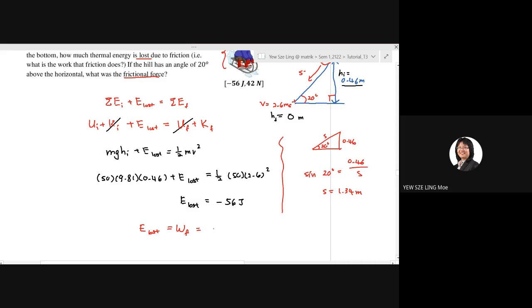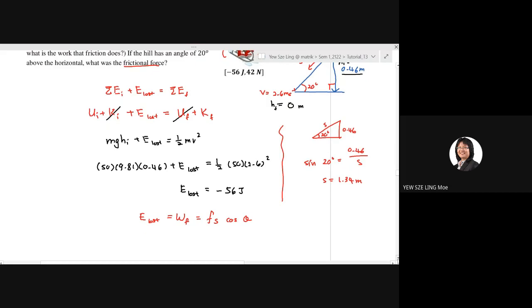If you recall the equation that we learned yesterday, it is F s cos theta. So I have negative 56 joule, which equals the frictional force, which is the thing that I want to calculate, times s, 1.34, times cos theta.